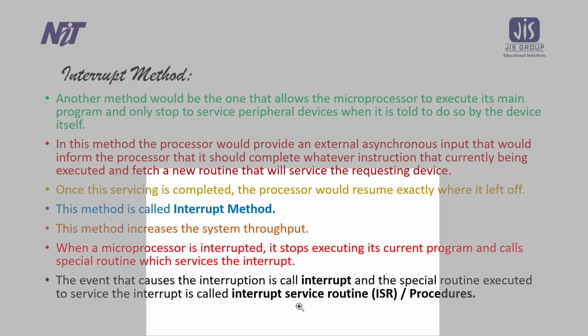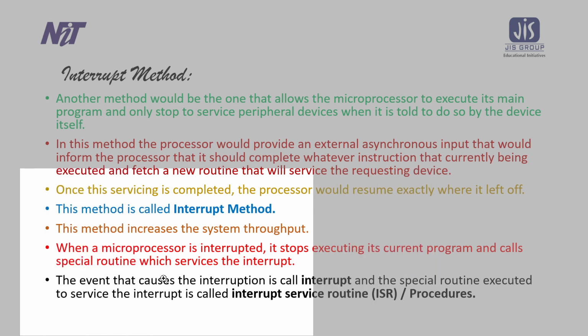So the cause of the interruption is the interrupt, and the special routine where you execute the service of that interrupt is called the ISR or interrupt service routine. This method increases the system throughput.